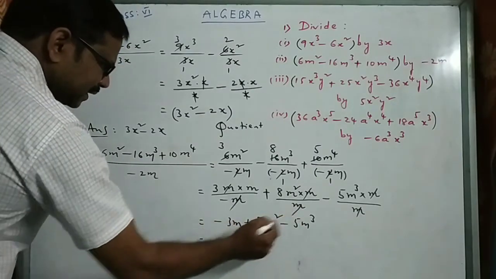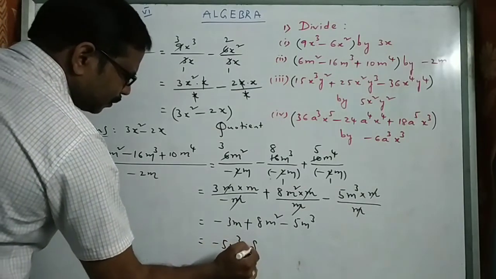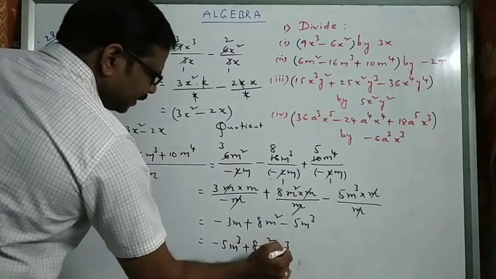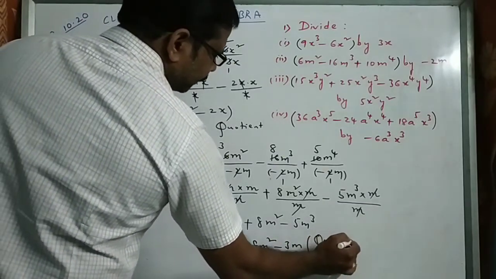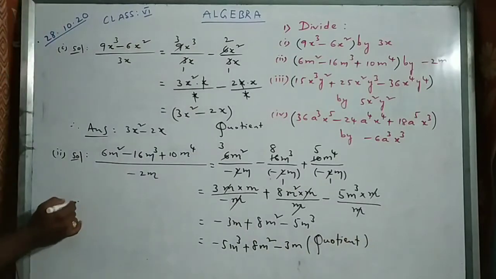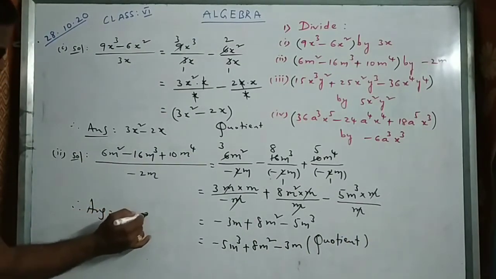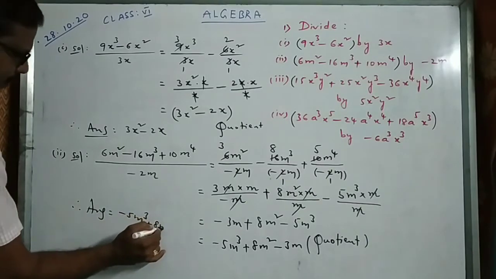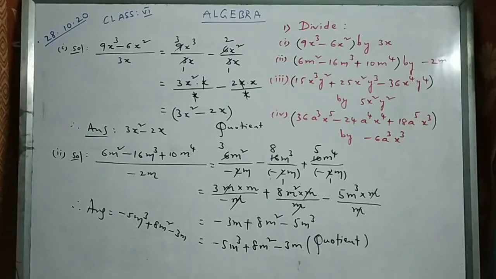M. So first highest degree m cube, next m square, next m. So that is the quotient. Okay. So therefore final answer is minus 5m cube plus 8m square minus 3m. That is the answer. Clear?